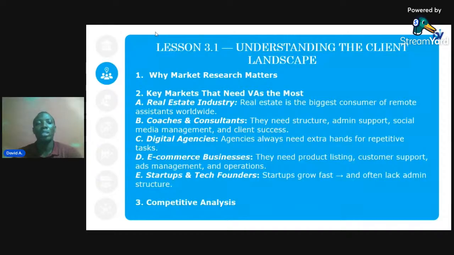Understanding the client's landscape. Now, why market research matters is important. The reason why we do market research is because, number one, you must know which industries are growing. You have to know which industry is having a high demand for VAs or any of these various roles.